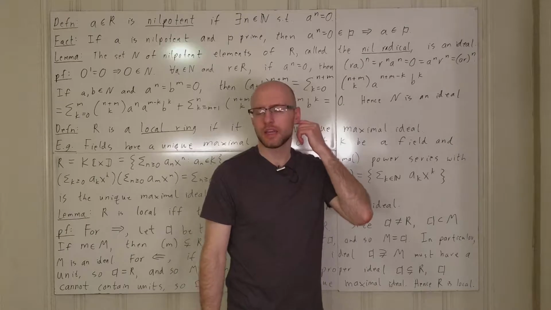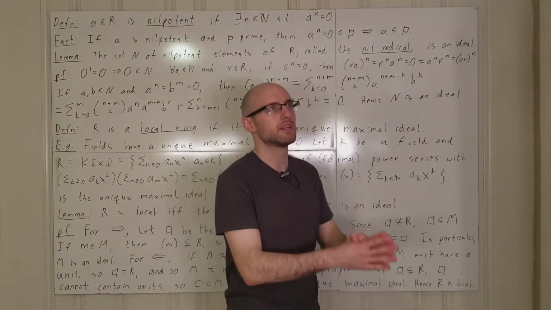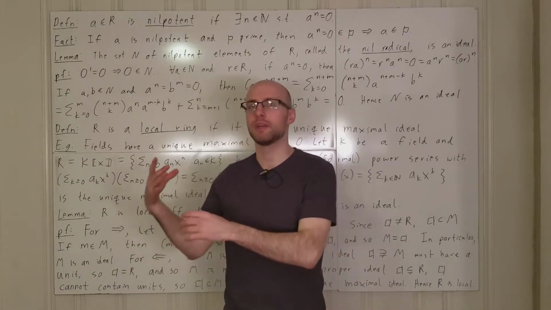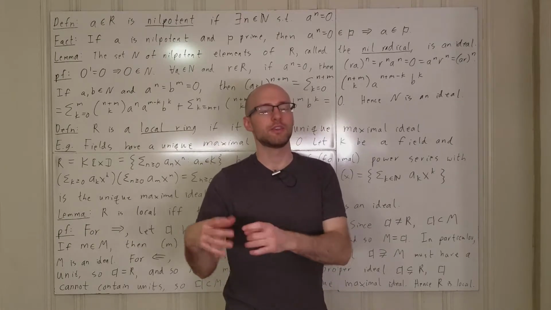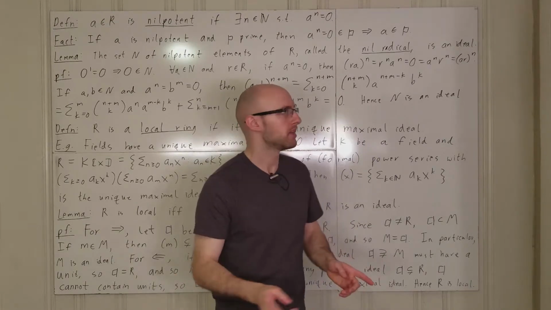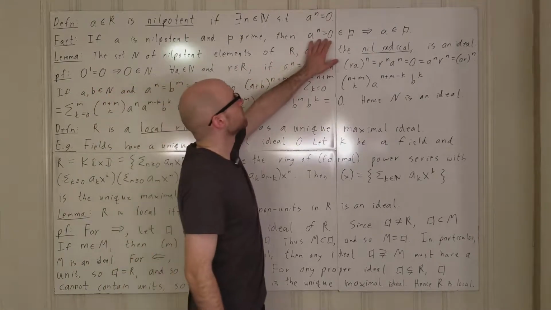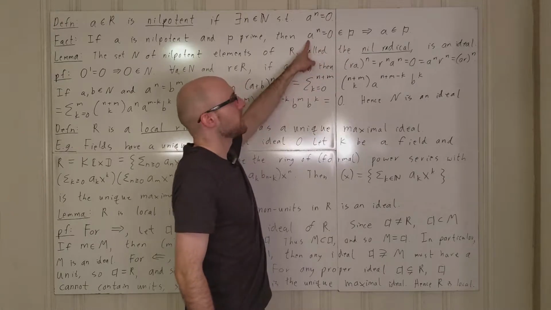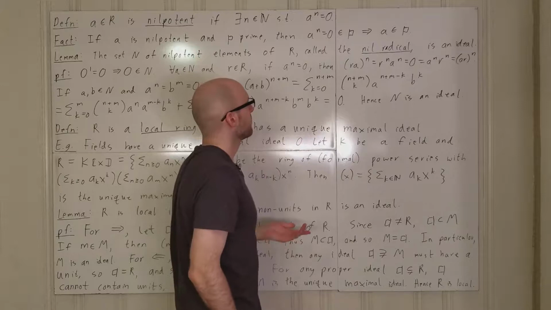We've talked about this: it extends to finite products. So if a1 times a2 all the way through an, if this product is in a prime ideal P, then ai is in P for some i between 1 and n. So in particular, if a to the n is in P, then one of the factors of a to the n must be in P. But what are the factors of a to the n?